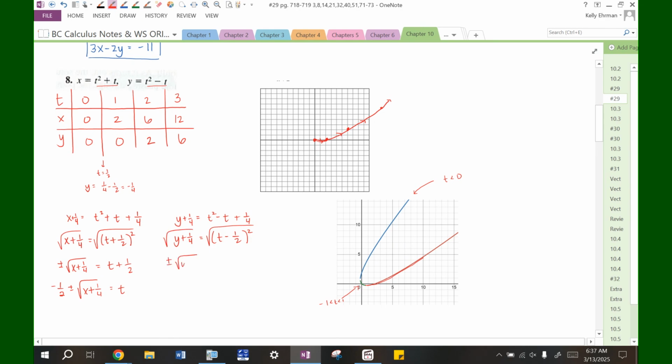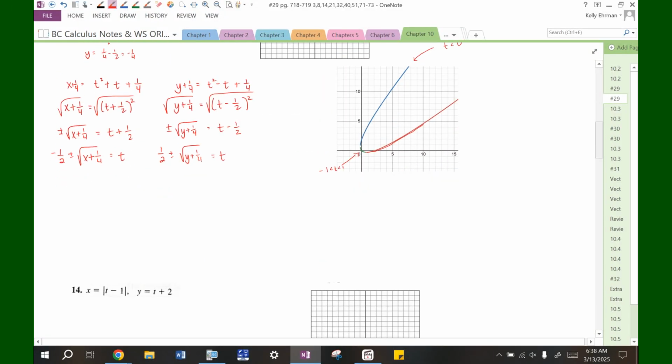Plus or minus the square root of y plus 1/4 equals t minus 1/2. So 1/2 plus or minus the square root of y plus 1/4 is equal to t.